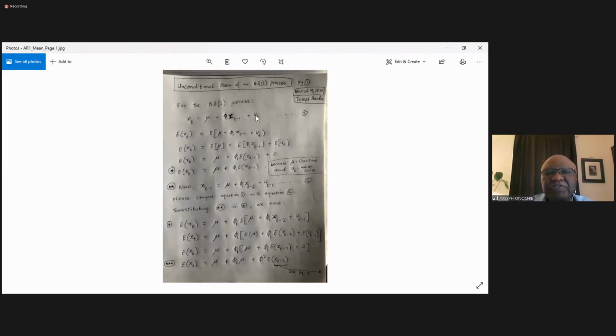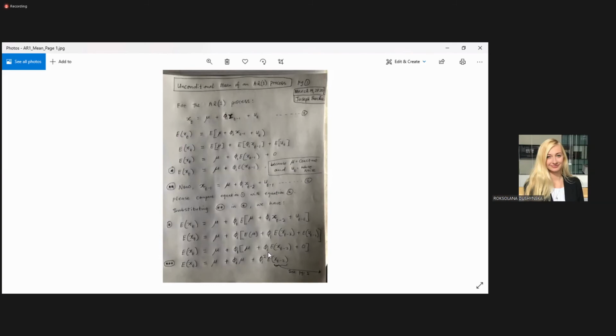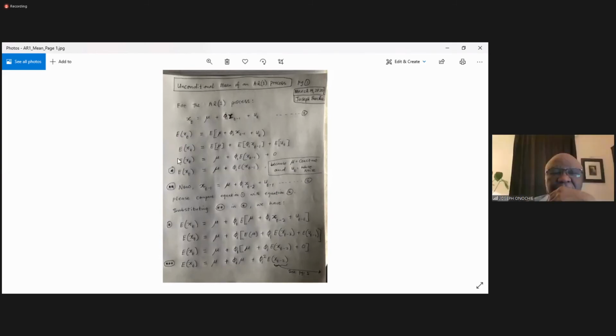Because if I introduce a constant here, instead of just this u, it will be a constant plus u, and I have to keep track of a constant as we go on and on. It's messy. What does that first star represent? This one?